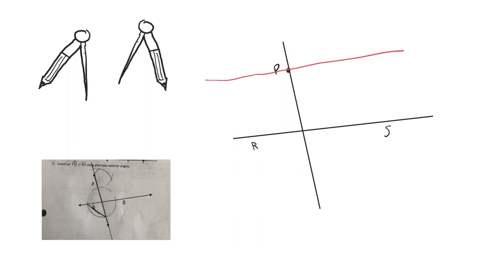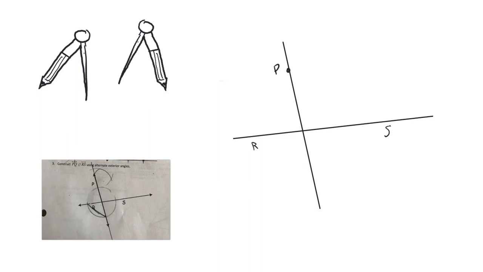Now the problem is that that's going to be difficult. There are going to be multiple steps involved with drawing that line, and specifically they want us to use a compass and use alternate exterior angles.